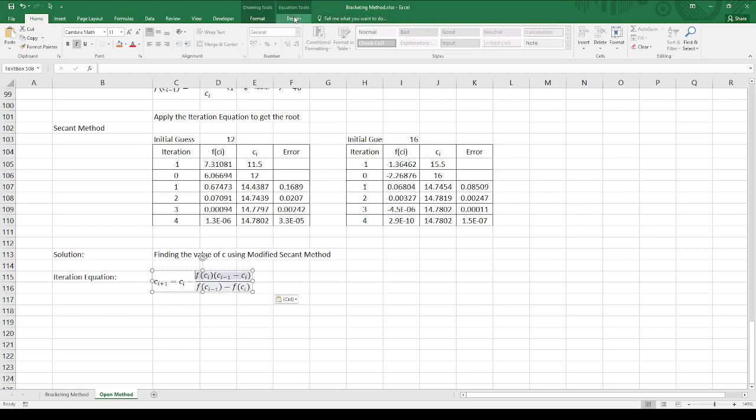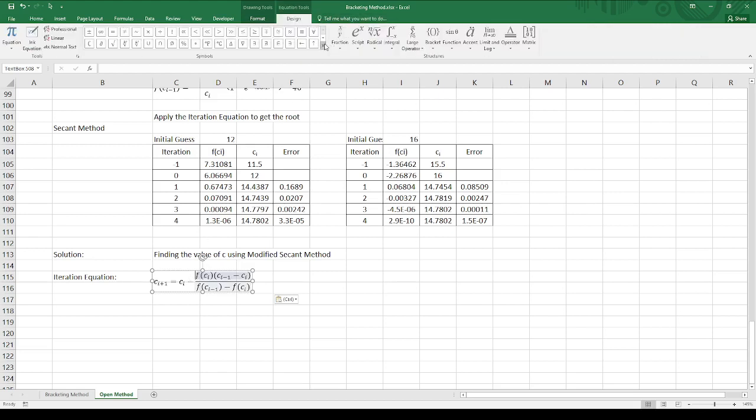And let's insert a Greek letter, Greek letter sigma. It's 1. Then your C sub I, erase this one. Okay, that's no longer needed. Then all over, yeah.